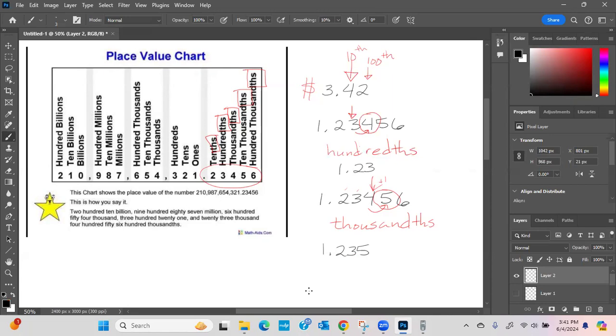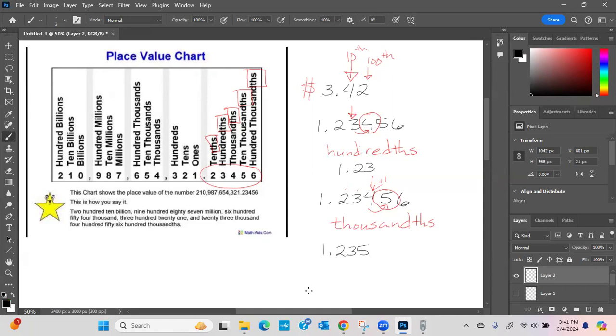So regardless of whether we're above 1, meaning to the left of the decimal, or below 1, to the right of the decimal, you're going to pick the spot you're looking at, and that will be based on the name that they told us to round to: hundredths, thousandths, the 10,000s, or the millions place.